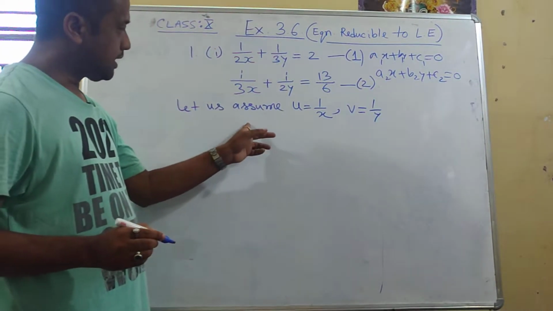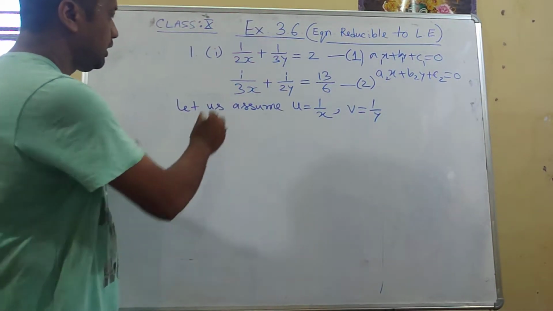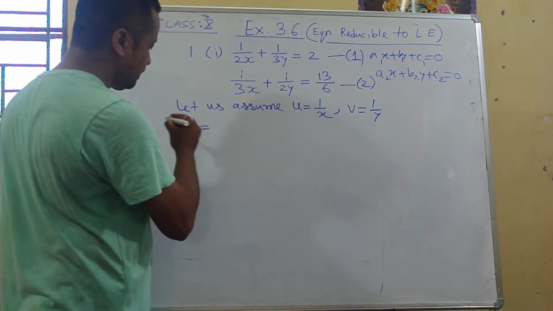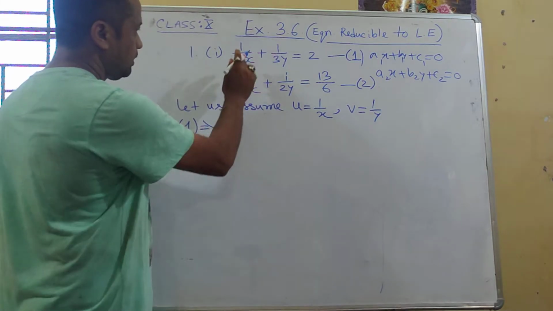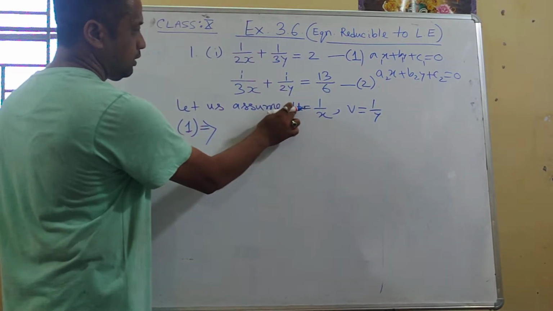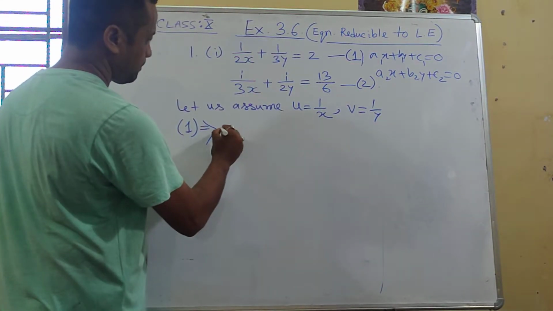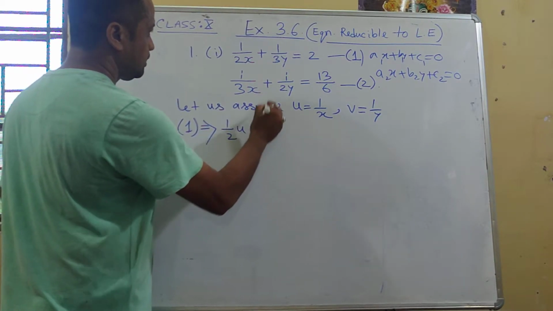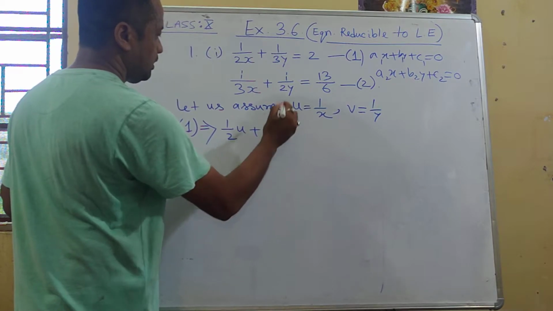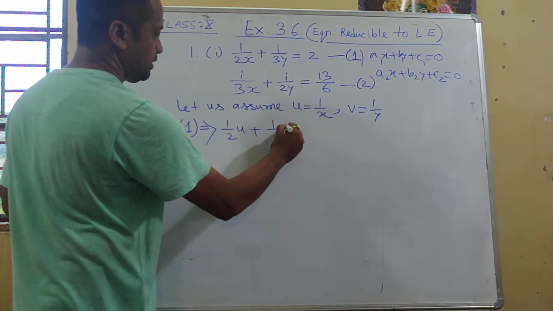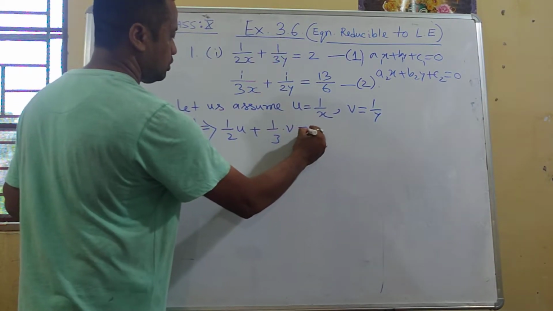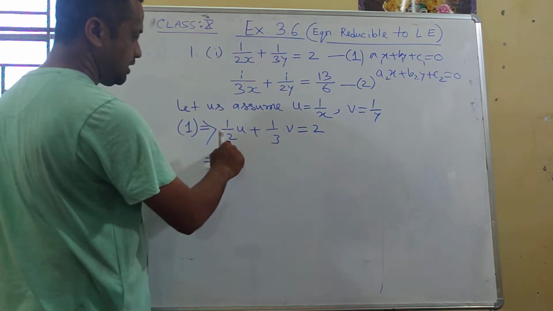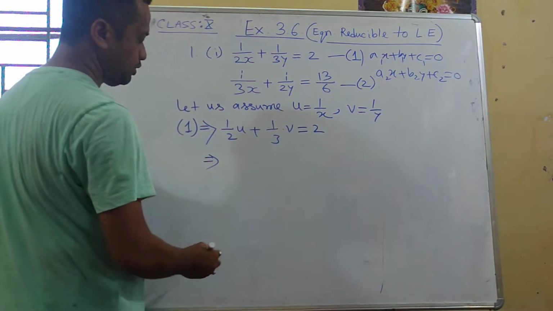As a result of this assumption, equation 1 implies 1 by 2 u plus 1 by 3 into v is equal to 2. Now simplify this. LCM of 2 and 3 is 6, so multiply both sides by 6.